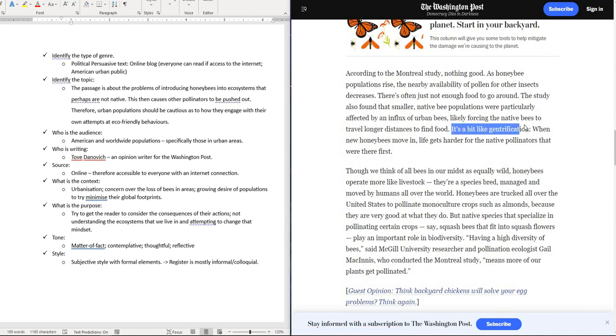Here we go. The honeybees are like gentrification. So they're like rich people waltzing into poor neighborhoods, buying out their condos and their apartments and their flats and their homes, and then turning them into places that only rich people can live in. Okay, so we have elements like this.